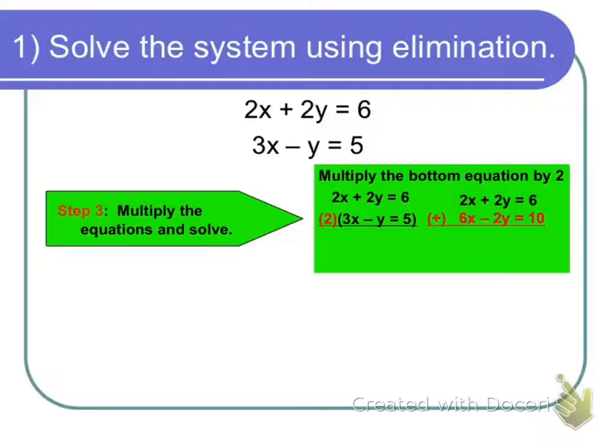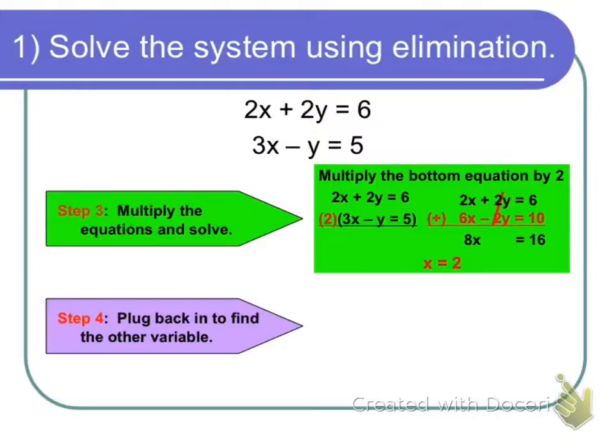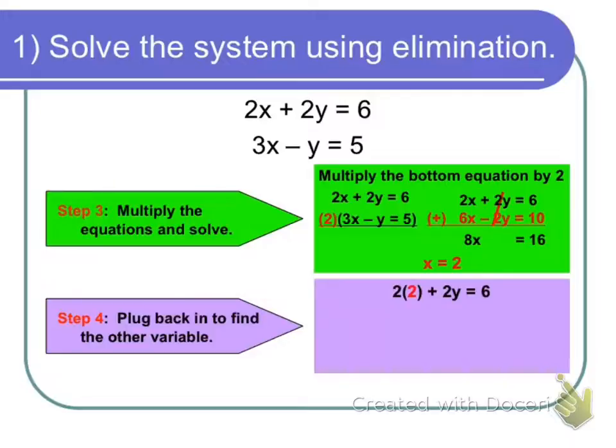So if we eliminate the variable y through addition, we have 2x plus 6x equals 8x, and 6 plus 10 equals 16. Therefore, x is equal to 2. We can substitute that back in and find y. Plug it back in to find the other variable. So y is equal to 1.